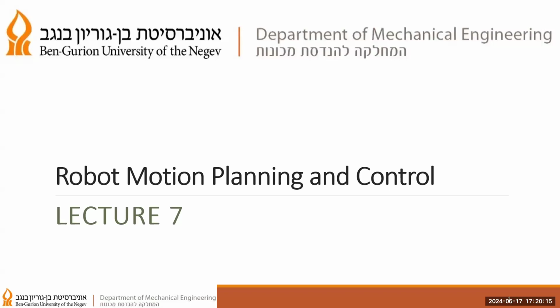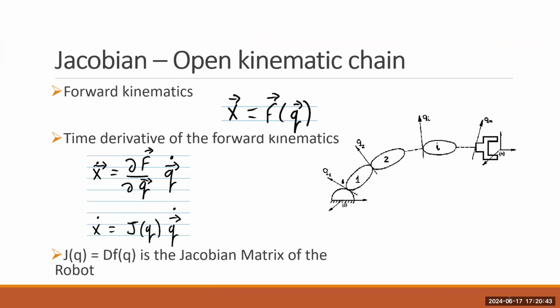Maybe we'll talk about some statics and some constraints, and then dynamics, and then control. We talked about kinematics and the transformation matrices, and now we will talk about the Jacobian.